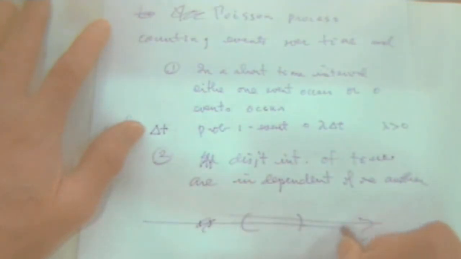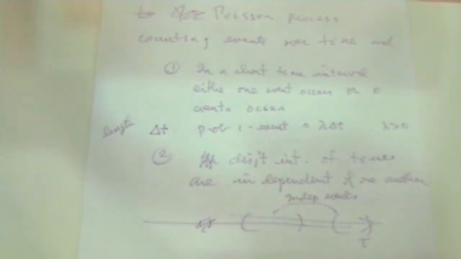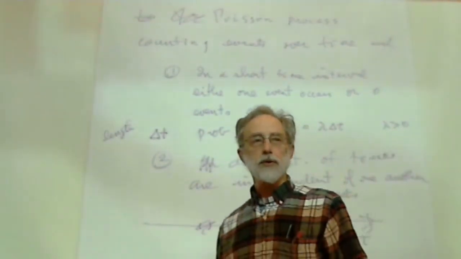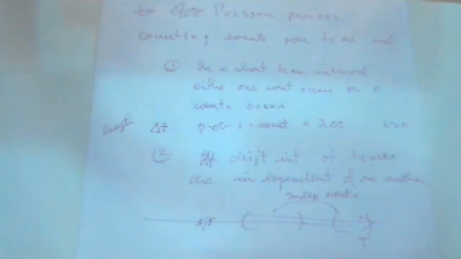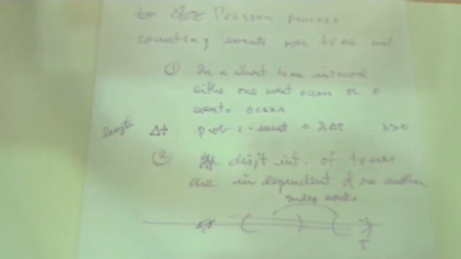If I have intervals like this that are disjoint, what happens in this interval does not affect what happens in this interval. So the events are independent. This is the one that often breaks down. Independence is a very crucial assumption in what we do, and often it's the one that's a little bit shaky, all right?